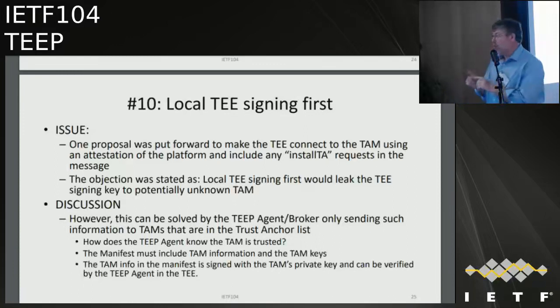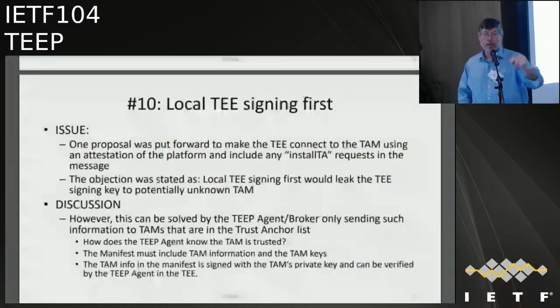The one point that I want to make is there's been lots of discussion back and forth. The objection was that if you send your signed attestation to a TAM, then you might be revealing identity information through your key.